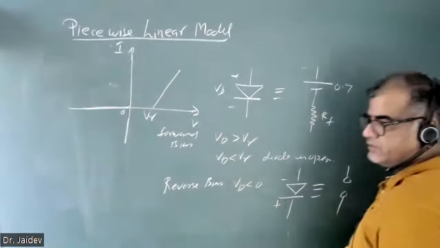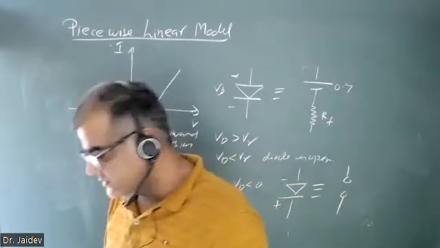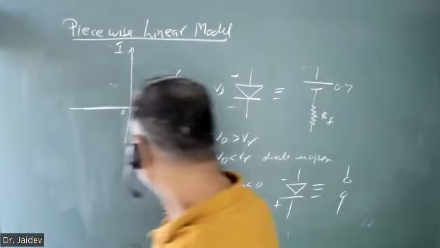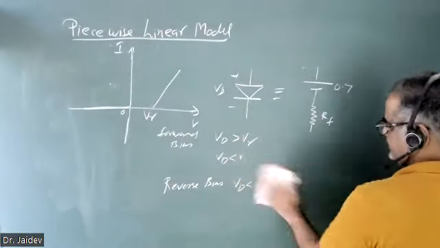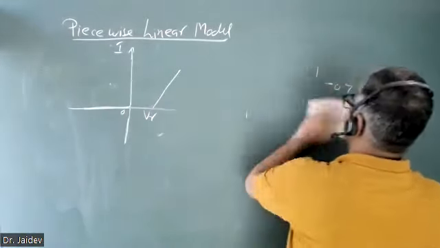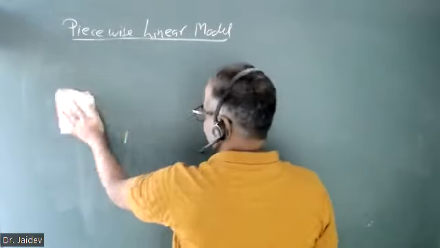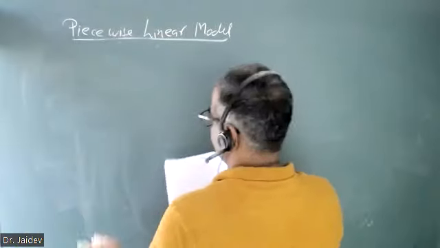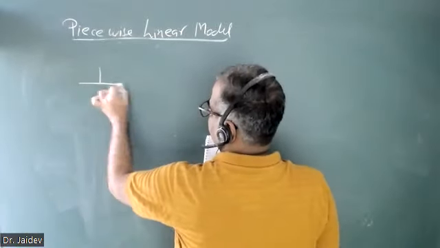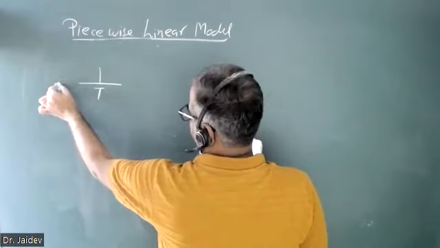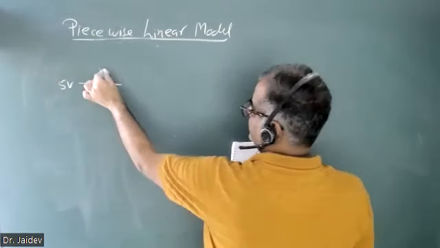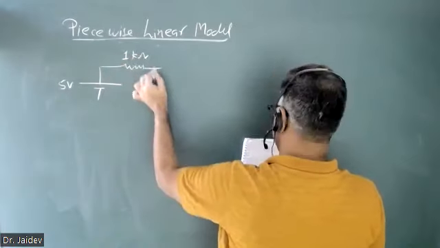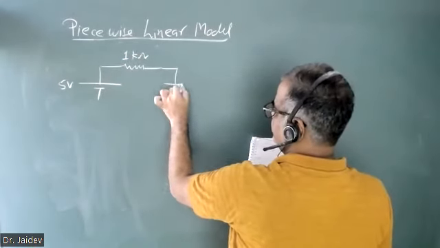Let me do one or two problems on this so that it will be clear to you. You have been given a 5-volt battery, a 1 kilo ohm resistance, and a diode.